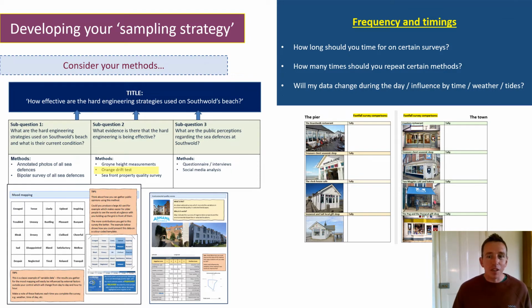So you might want to do your orange drift tests not within the hour either before or after high or low tide, if that makes sense. I'll speak a bit more about that on the next slide. But there are certain things that will influence the accuracy of your results, and that's again one of the things that you'll need to consider when you're planning your methodologies.